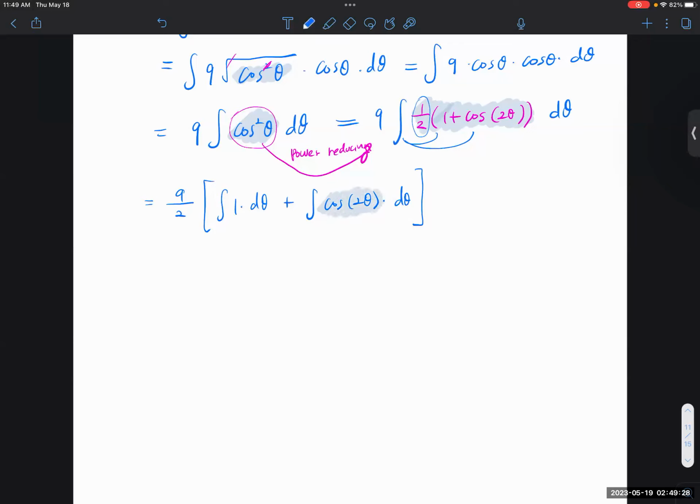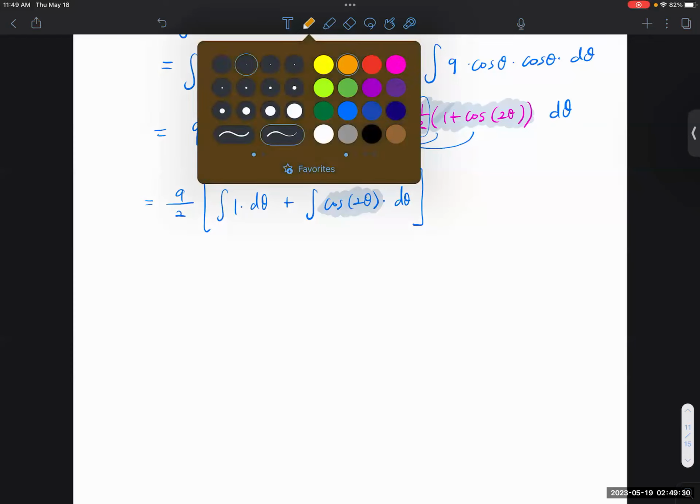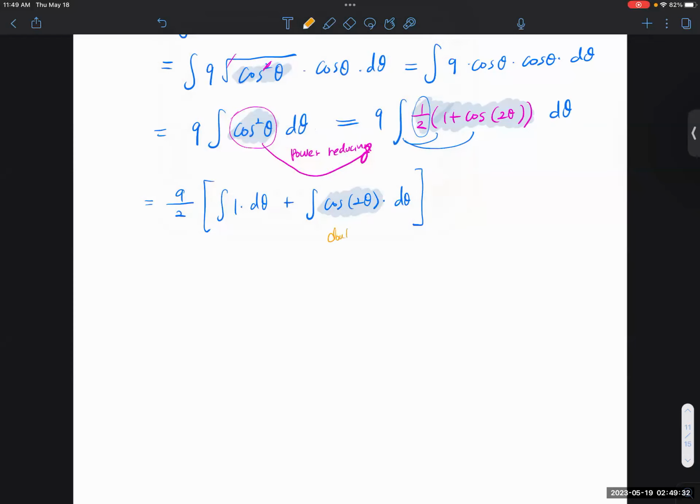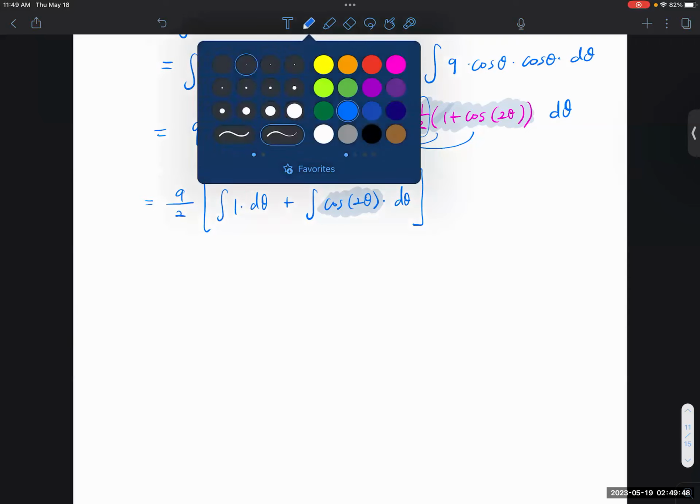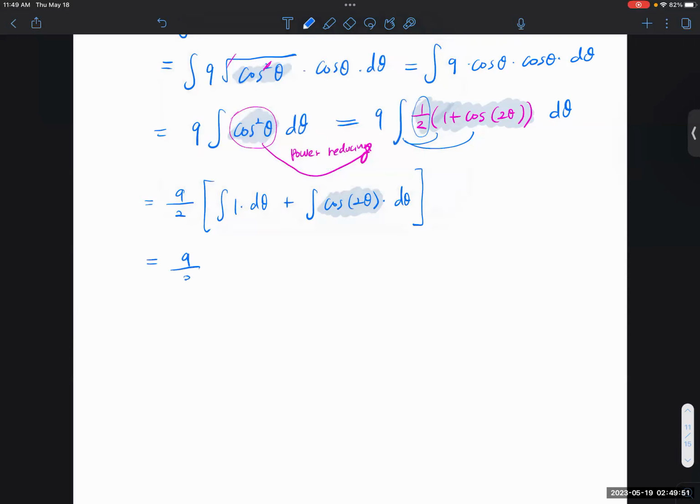This is the double angle identity. But before we do it, actually take the integral first. I forgot to take the integral. So this is 9 over 2. This is theta. And then if you take the integral, do you remember?